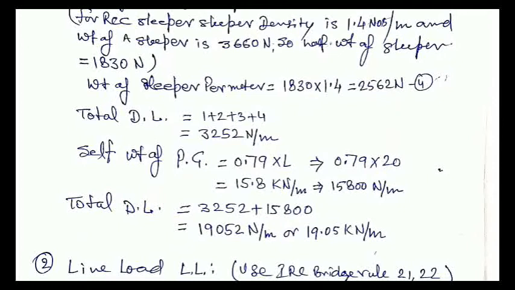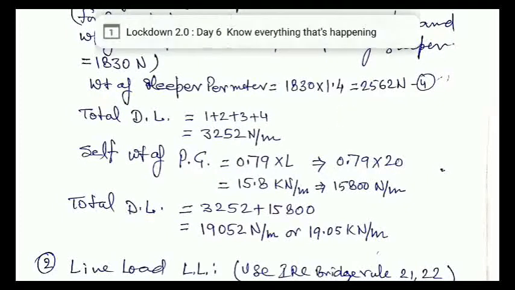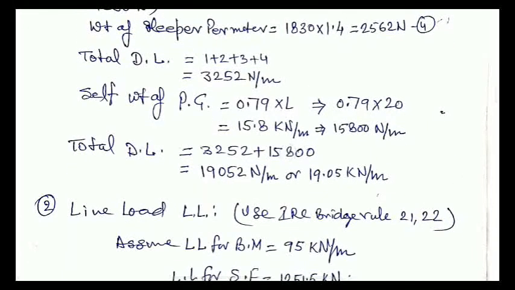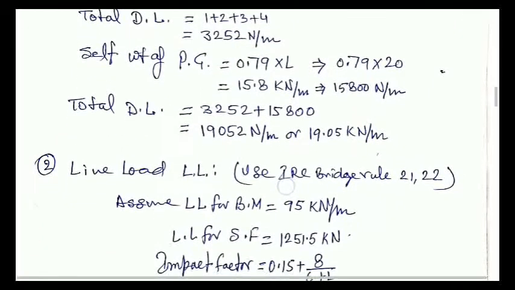So the weight of sleeper per meter length will be 1830 multiplied by 1.4, the sleeper density. It comes out to be 2562 Newton, which is number 4. Now for finding the total DL, we have to add items 1, 2, 3 and 4. This comes out to be 3252 Newton per meter.